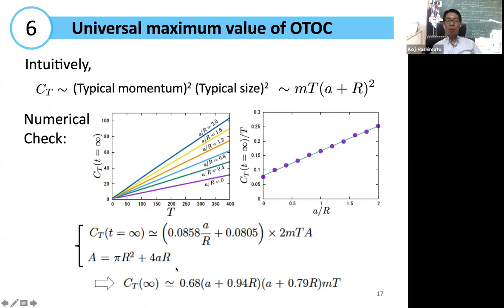So if I reproduce it, then it is proportional to A. So I put A here. Then massaging this equation gives you this expression. And this expression is very close to what we suggested. Right? So in fact, we can numerically check this kind of behavior for generic ODOC in quantum billiards.